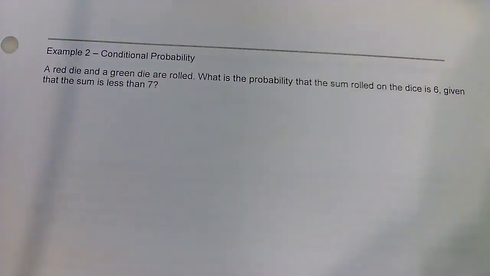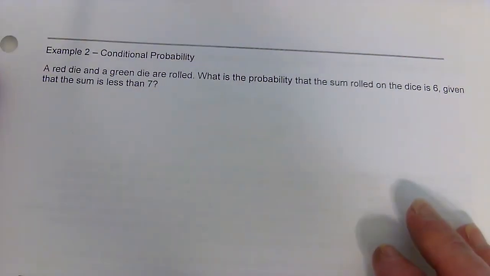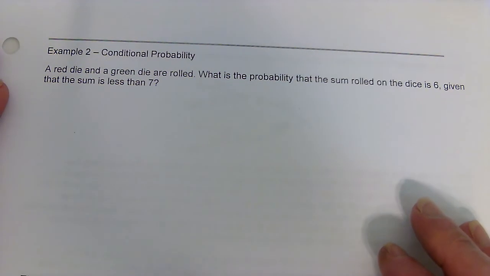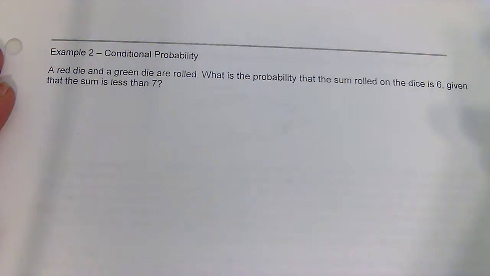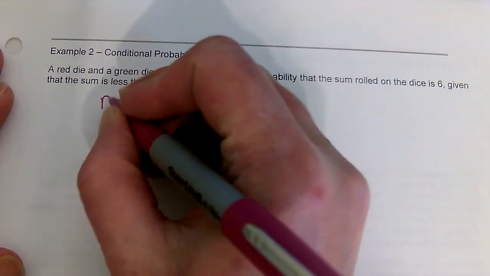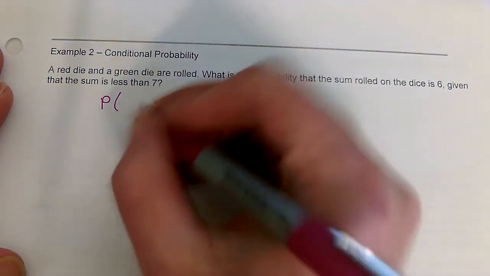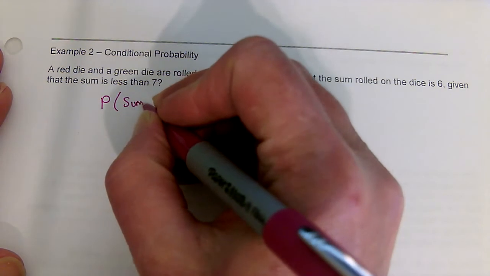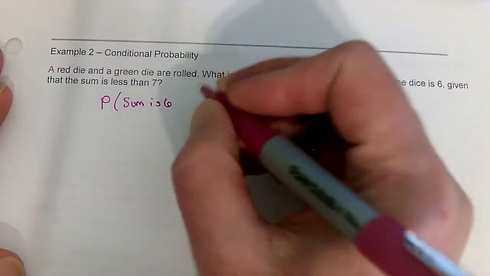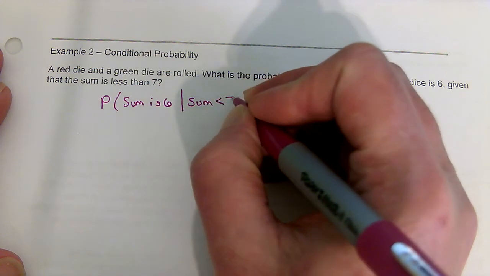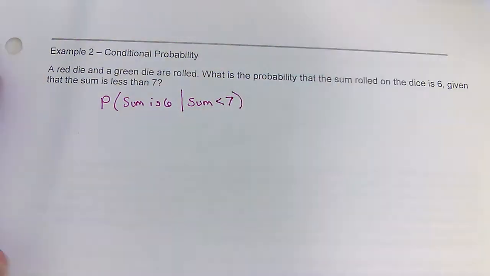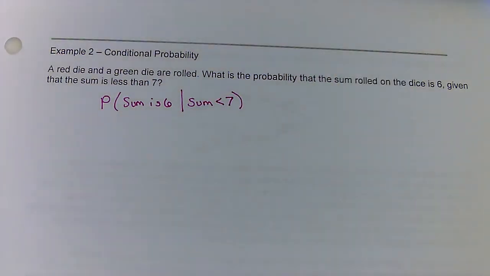Let's say a red die and a green die are rolled. What is the probability that the sum rolled on the dice is 6, given that the sum is less than 7? So the probability of the sum is 6, given that the sum is less than 7. So I'm going to go back in our notes to page 9.